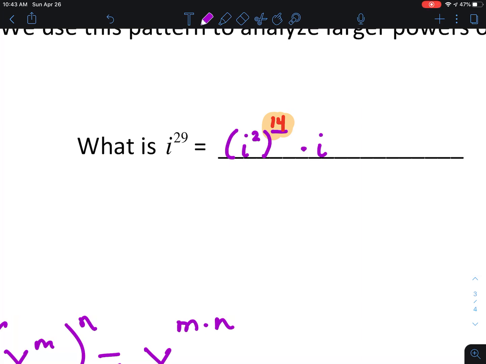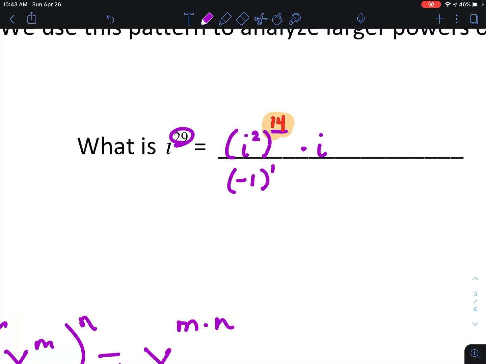So I started with i squared. I raised that to a power that gets it as close as possible to 29. And then I had to fill in with what was missing, okay? So sometimes an i is missing, like in this case. Once we get down to this point, we know that i squared is negative 1.